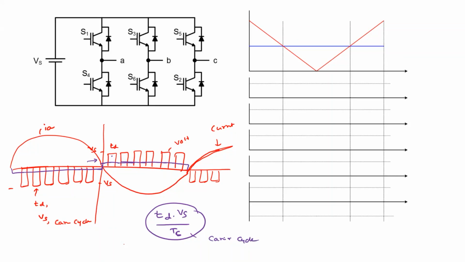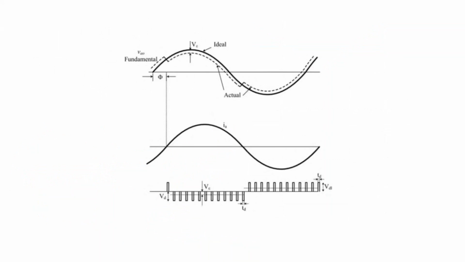Right. So now this will be the voltage lost overall, and this will be the voltage gain. If you superimpose on the modulating signal, it will be like this.